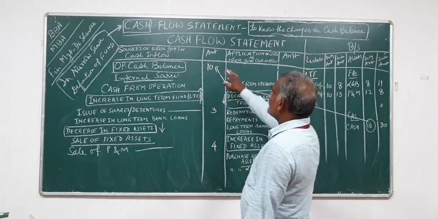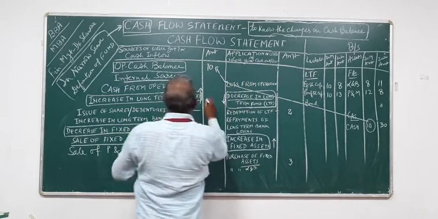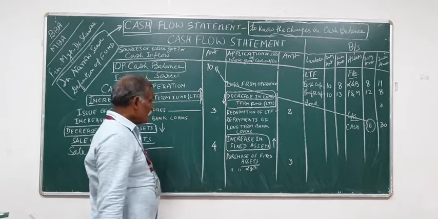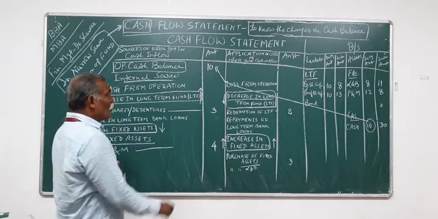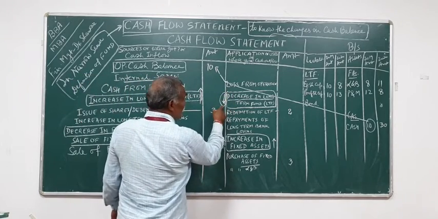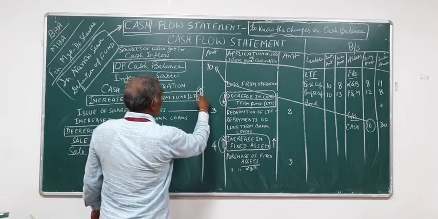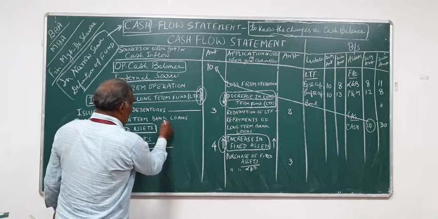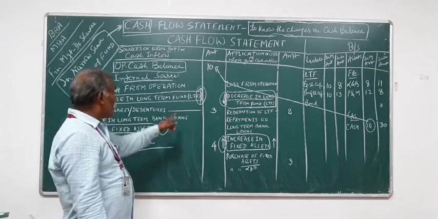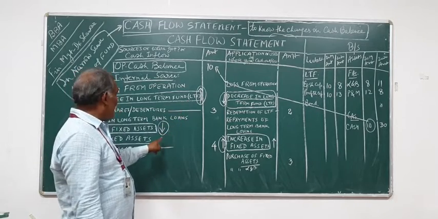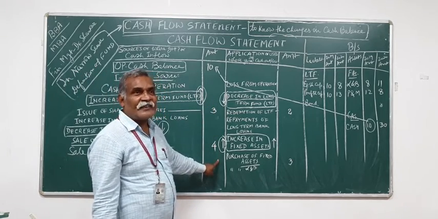So what? You have seen 10 rupees of opening cash balance. You have seen increase in long-term fund, decrease in long-term fund. You have seen increase in fixed assets and decrease in fixed assets. So increasing long-term fund and decrease in fixed assets, decrease in long-term fund and increase in fixed assets.